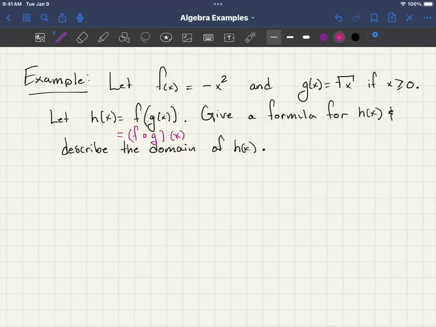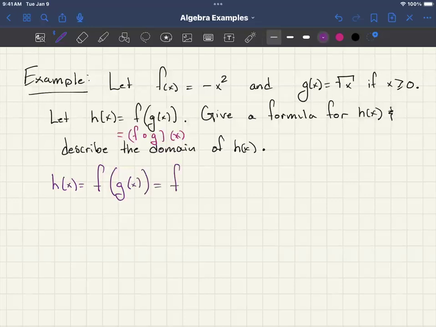All right, our question for the day: we want to find our formula for h of x and describe the domain of h of x. So in this situation, whenever we have f little circle g, it just means f eats g of x.